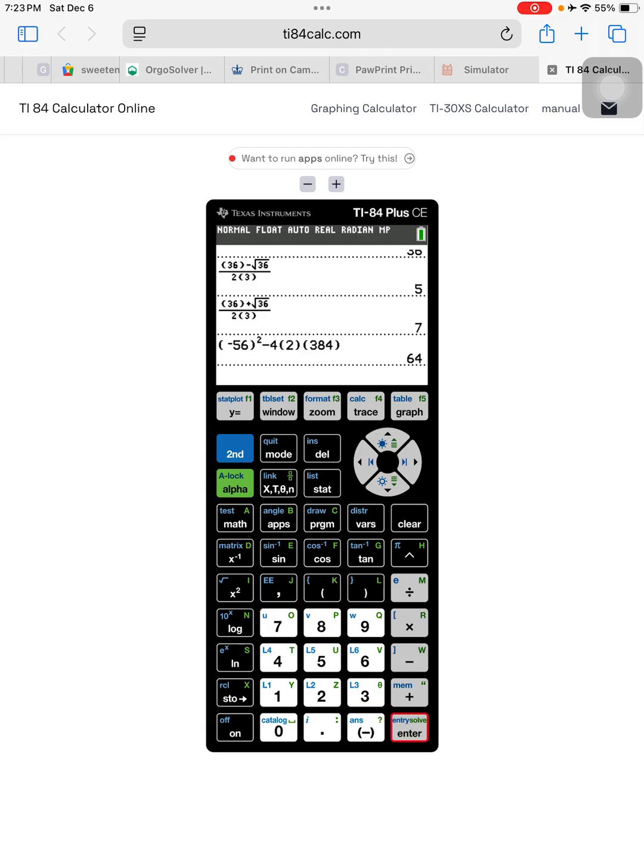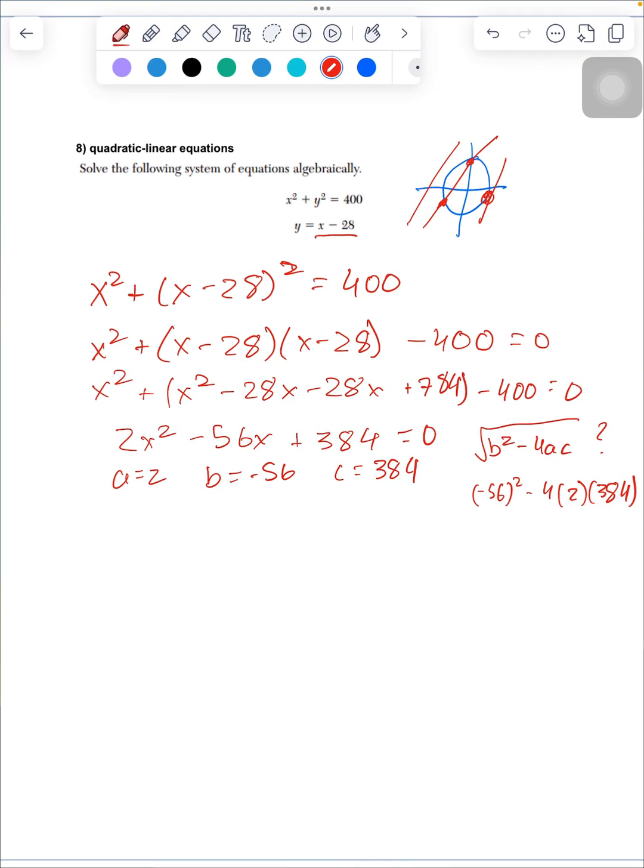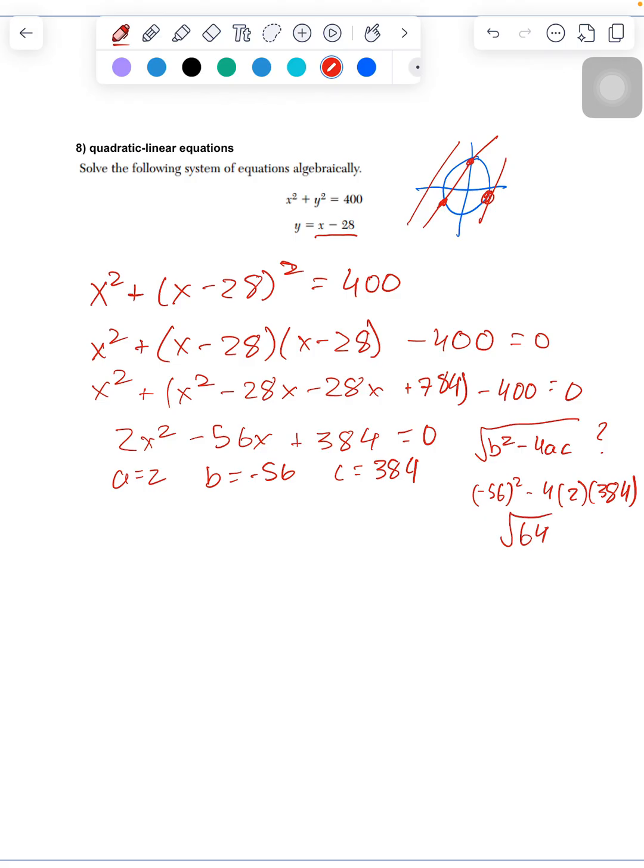Oh wow, nice, 64. So that's my discriminant, a nice whole number. The square root of 64 is just 8.